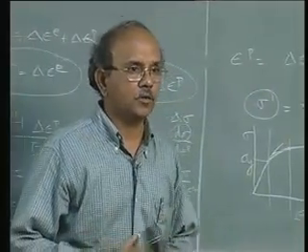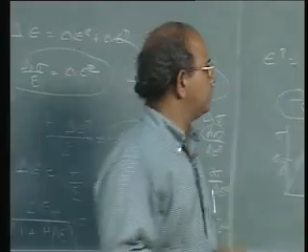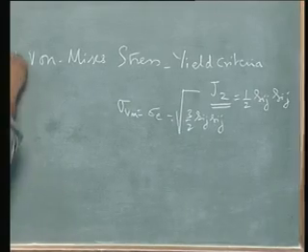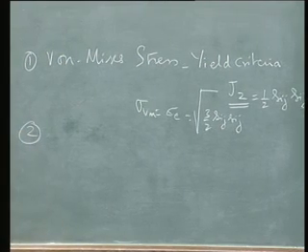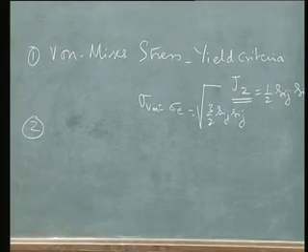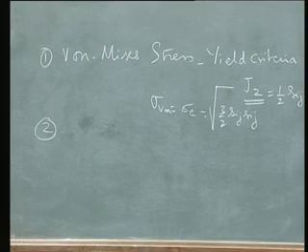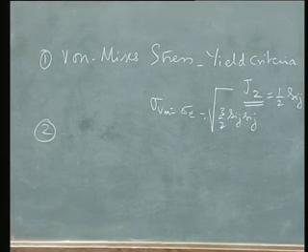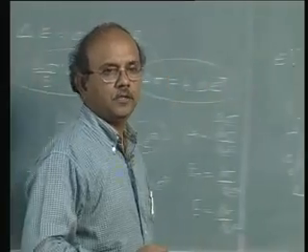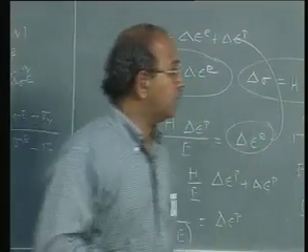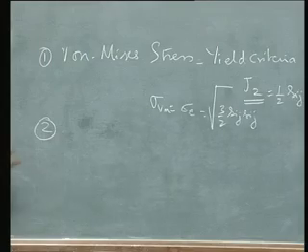Is that clear? So, what are the other things that are required? One, of course, you require the yield criteria. The second one that you require, look at the 1D case and you can easily see what are the other things that are required. Look at the 1D case. So, we require loading and unloading criteria.